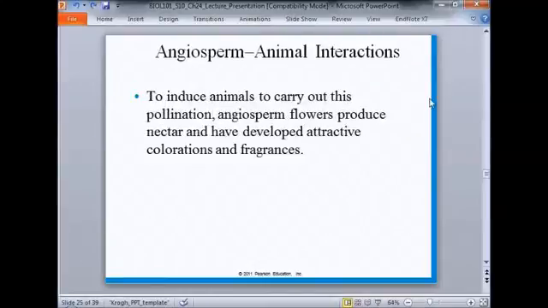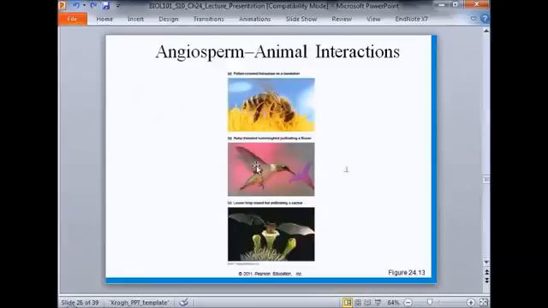To induce animals to carry out pollination, angiosperm flowers produce nectar and have developed attractive colorations and fragrances. And so what you can see here in this next picture is an example of the animals interacting with plants.